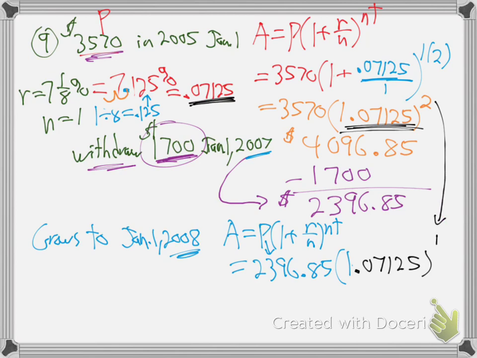All the rest of the stuff is the same. I don't know what that is. 2,567.6255, which we rounded to 63 cents.